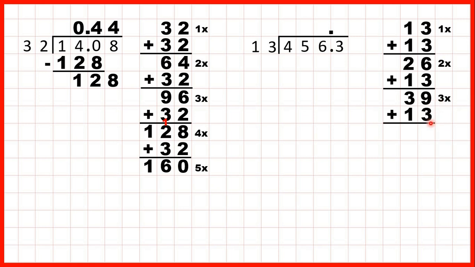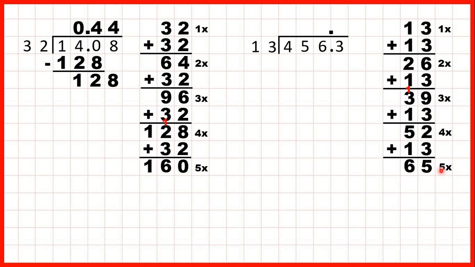If we add another 13, 9 plus 3 is 12, so 1, 2, 1 plus 3 plus 1 is 5, so that's 52 for 4 times, and if we add another 13, we get 65 for 5 times. And we can be confident that we haven't made any mistakes, because 5 times always ends in a 5 or a 0, and that's what we have here with 65.